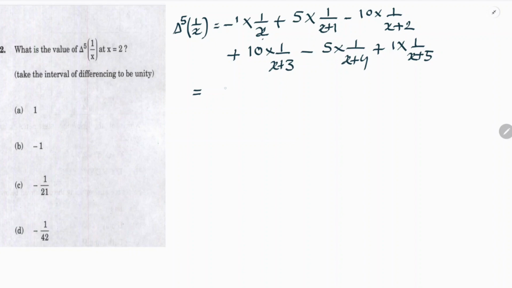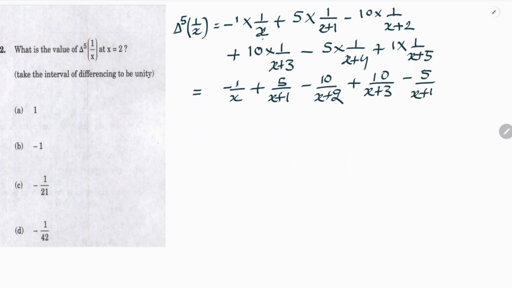Finally we get minus 1 upon x plus 5 upon x plus 1 minus 10 upon x plus 2 plus 10 upon x plus 3 minus 5 upon x plus 4 plus 1 upon x plus 5.